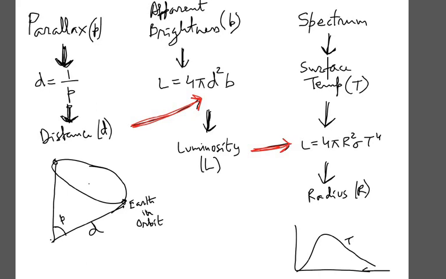If we have the surface temperature and the luminosity, then from this relation we can get an idea about the radius. So this is how normally astrophysicists determine distance, luminosity and thereafter the radius of a star.